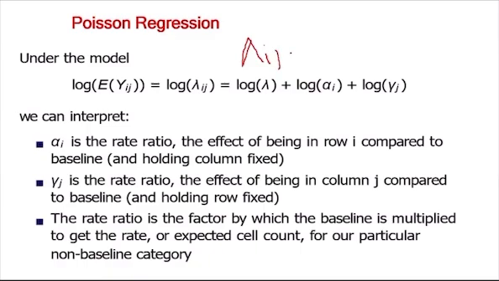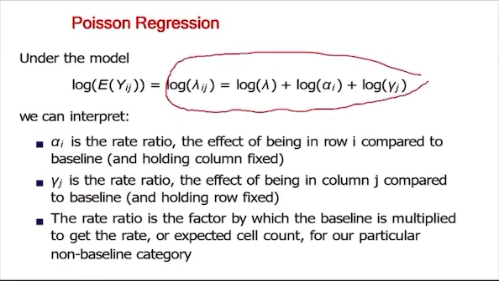That was multiplicative, but introducing a log, we have the log of that. So how can we interpret each of these? Alpha is the rate ratio. Gamma_j is the rate ratio, the effect of being in column j compared to the baseline, and so on like that.